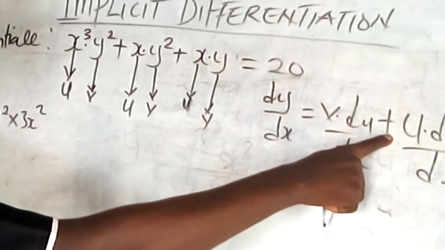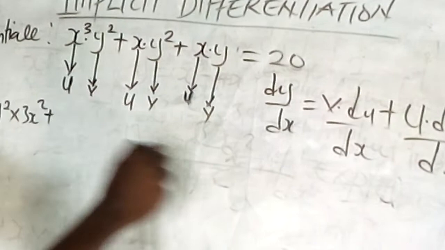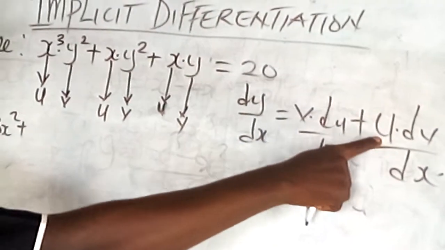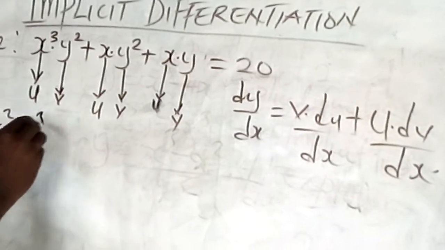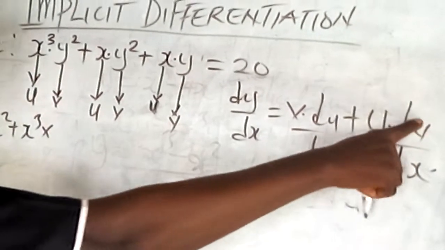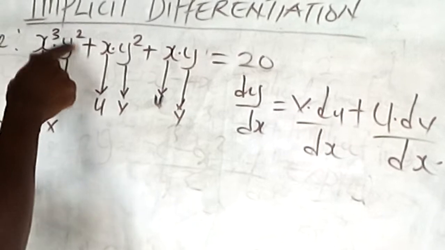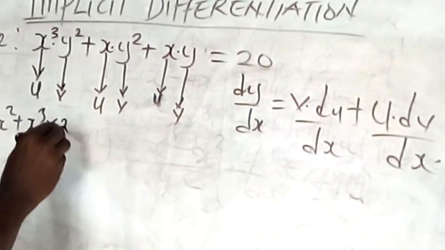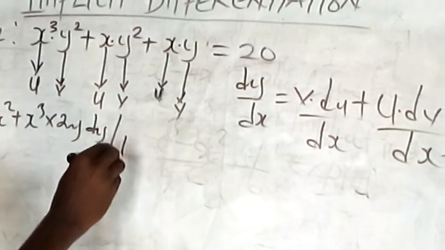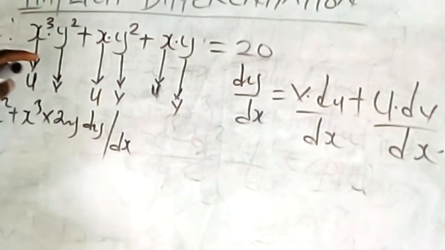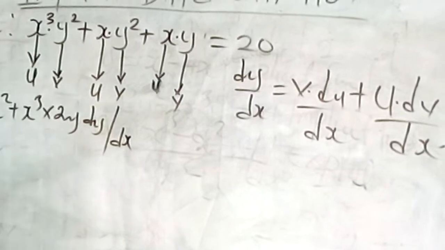You have a plus sign, viewers. So plus u is what? u from here is x cubed. You have x cubed times dv/dx. v is this. So if you differentiate y squared, you have 2y. But remember I said when you differentiate y, you multiply by dy/dx. We are done with this.